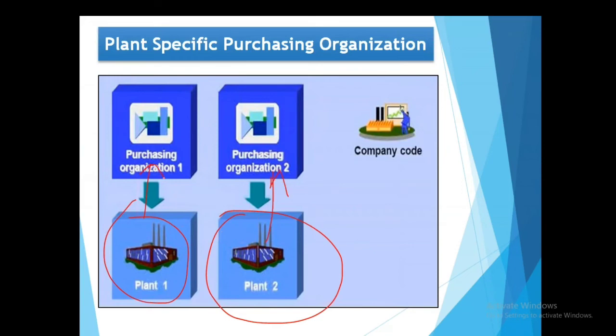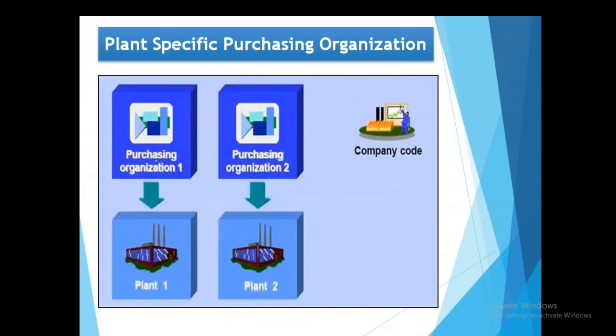Company code will remain the same, but every plant will take care of their own purchasing. Then for each plant, you will create a separate purchase organization and assign it. I'll show you that in the system. So this is called plant specific purchasing organization, a decentralized scenario.